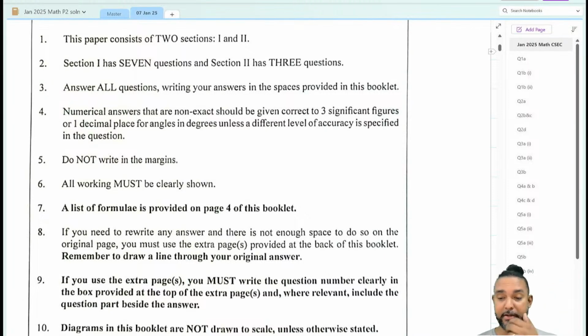Oh yeah, okay. 3 significant figures or 1 decimal place for angles in degrees. Okay, so there's a standing order. Thank you very much, TikTok, good, we hear and we see. Okay, lovely. Thanks for letting me know. I was a little worried. Yeah, okay, right. So you see, we need to read the instructions. Clearly, I did not.